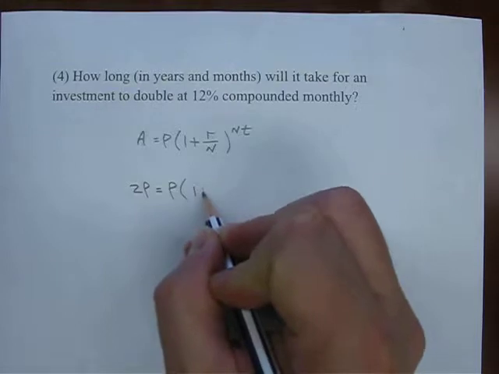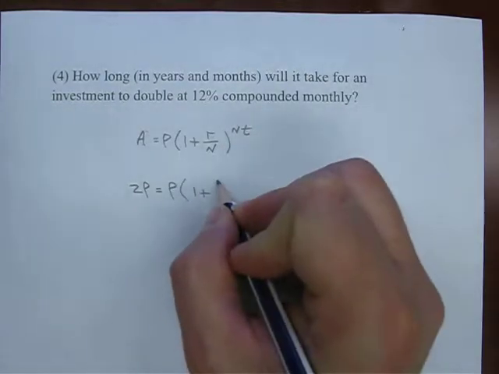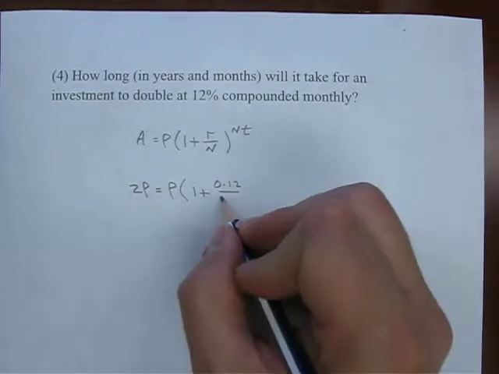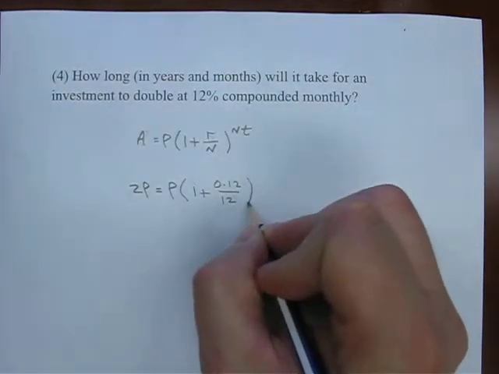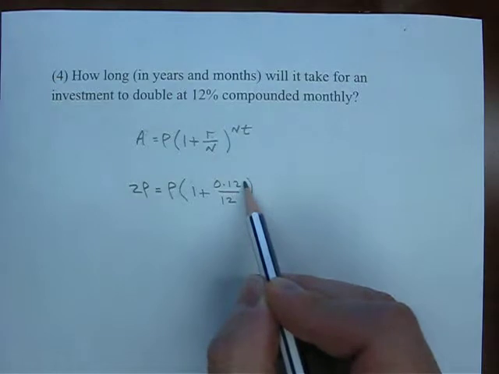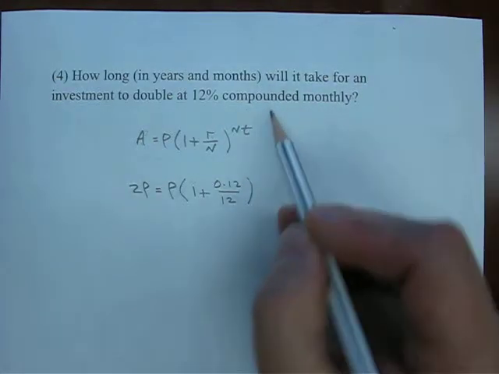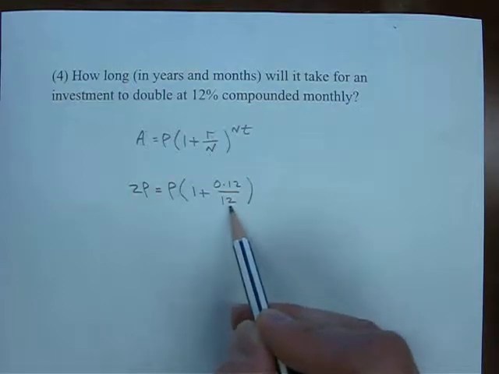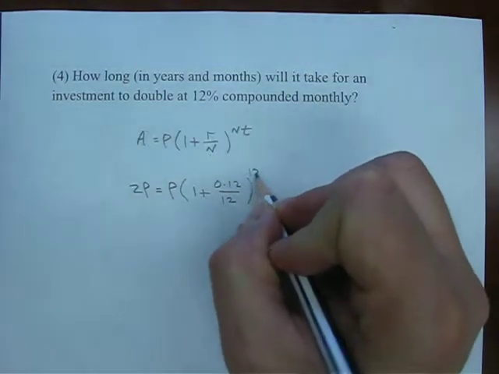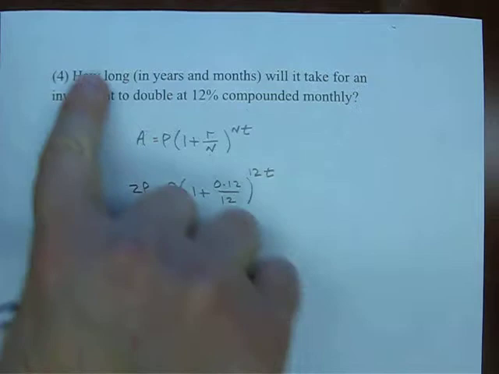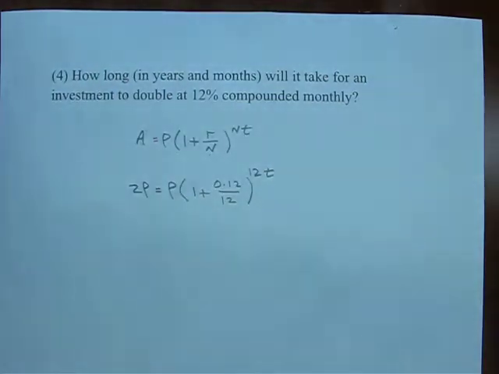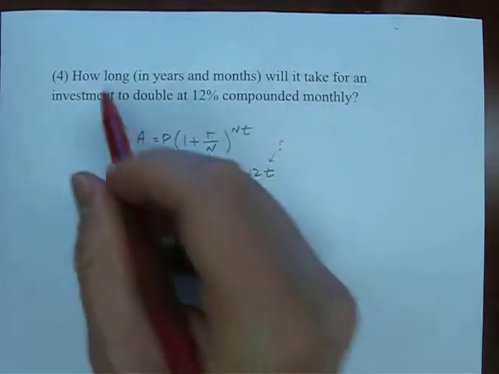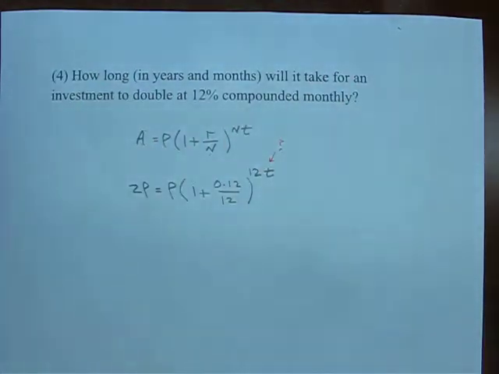What else? 1 plus the interest rate, 12%, 0.12. Compound monthly, so if I compound monthly, n is 12, compounded 12 times per year. 12t. It says how long. The issue is I don't know the time. I'm trying to figure it out.